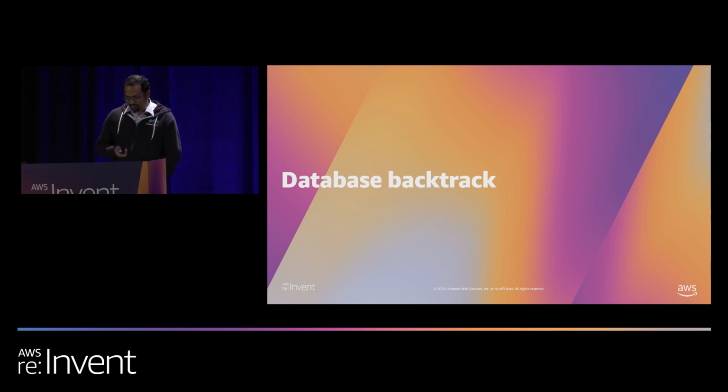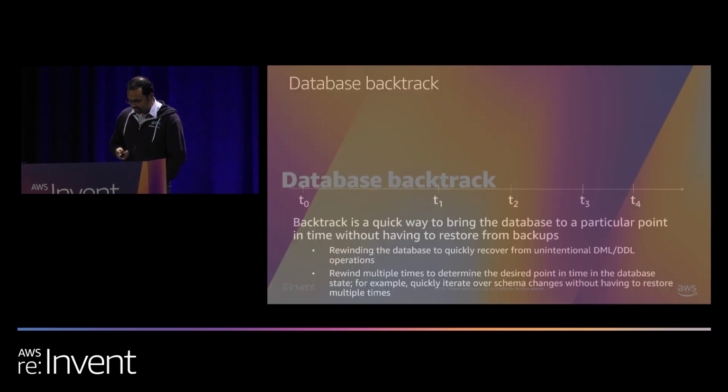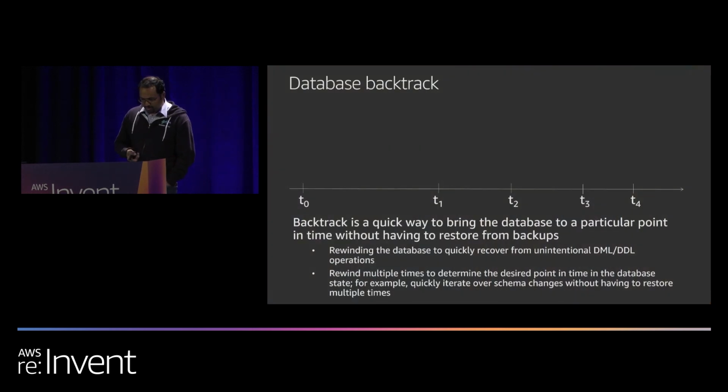Let's look at database backtrack. Backtrack is a feature that we shipped that is a heavily storage-dependent feature where you can quickly bring the database to a particular point in time without having to restore from backups. So this happens when you, for example, unintentionally dropped a table, deleted a bunch of rows, and so forth in your production database.